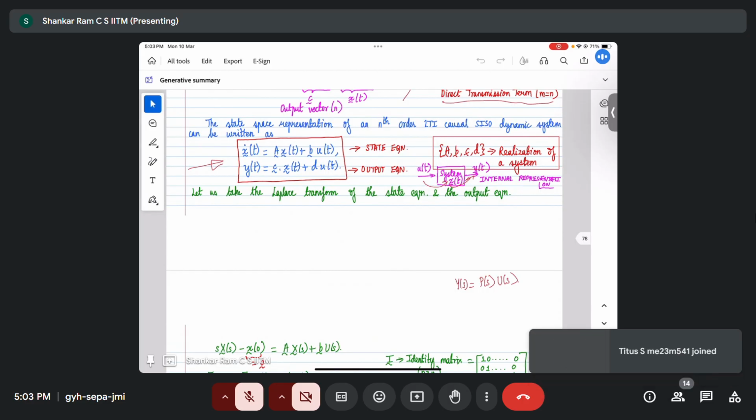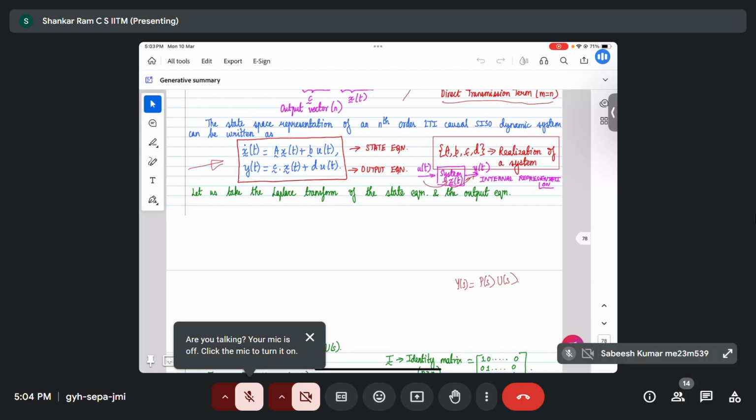As we observed previously, the advantage of going to the state space representation is that, point number one, we stay in the time domain, and point number two, we are also able to rewrite an nth order ODE as n first order ODEs, right?